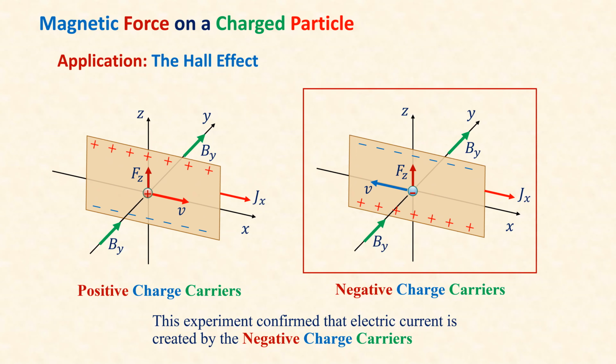Before that, nobody knew whether the particles that are creating the current are positive or negative. And this was a very important experiment that showed that the charged particles that are current carriers are negative.